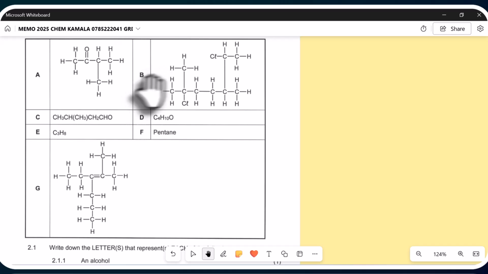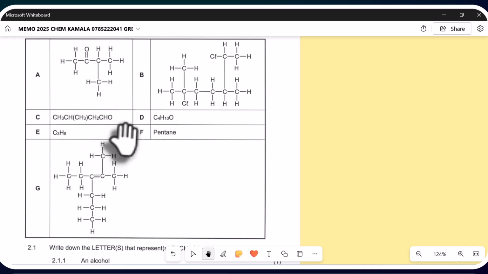If it ends with the HO, like in this case, this one is an aldehyde, not an alcohol. If we don't have the OH anywhere, or the OL in the name, like this one, pentanone, then look at the molecular formula and see what contains O. This one is HO, so we will not do it. Here there is no O, so we can't talk about E.